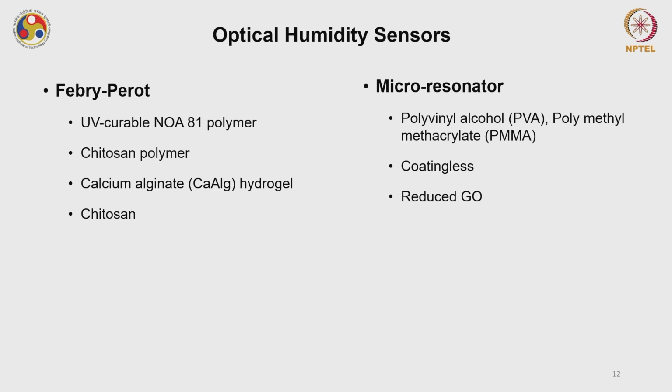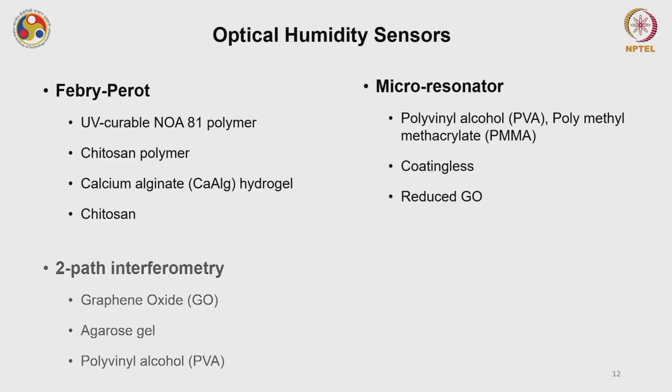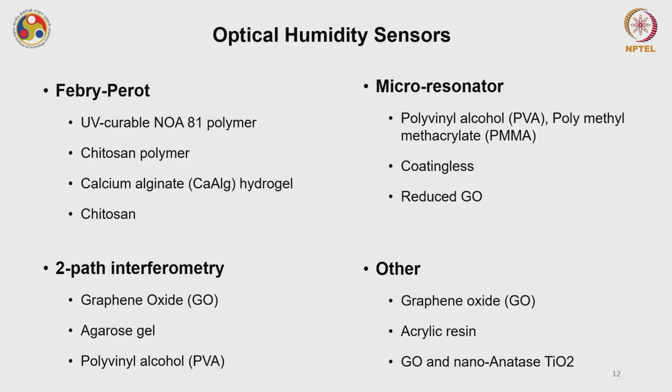You have microresonators based on reduced graphene oxide and polyvinyl alcohol. Then two-path interferometry devices are very popular, based on graphene oxide and polyvinyl alcohol. There are other materials like acrylic resin and some graphene oxide, modified oxides like TiO2, which have shown absorption properties with moisture.